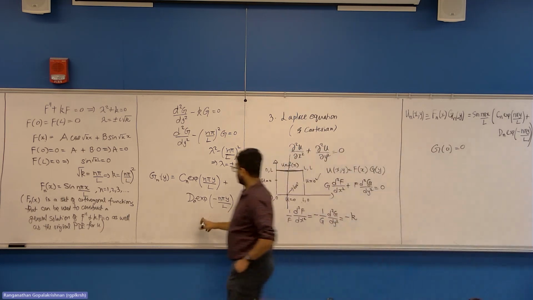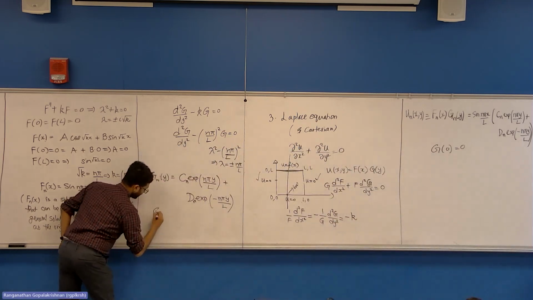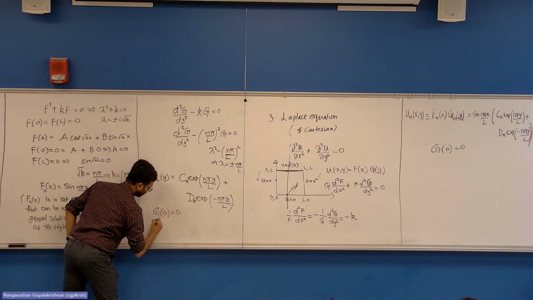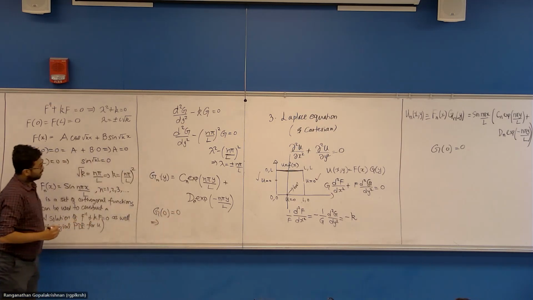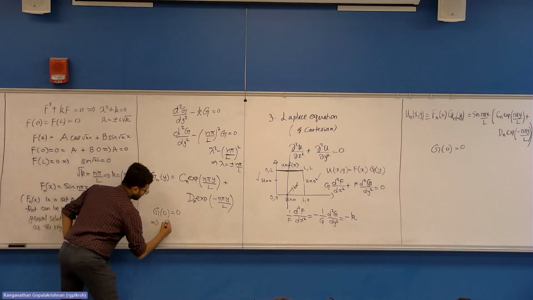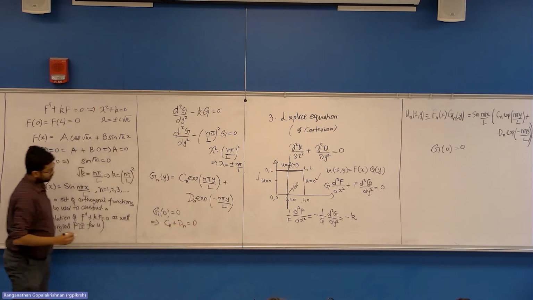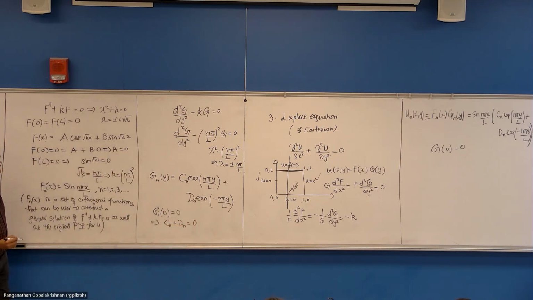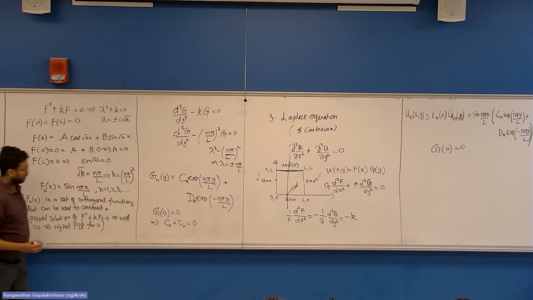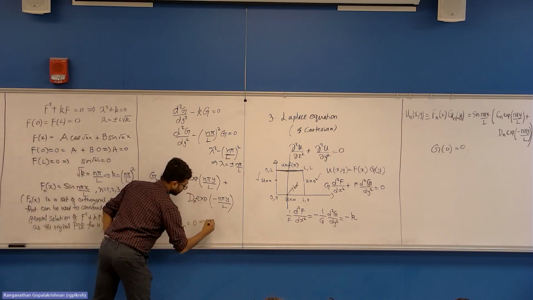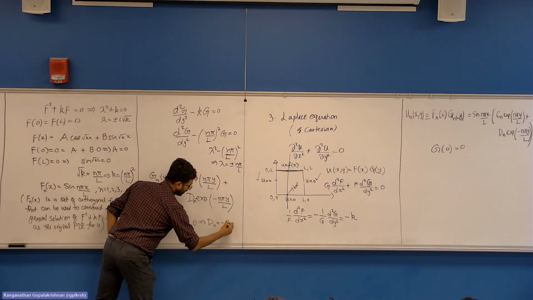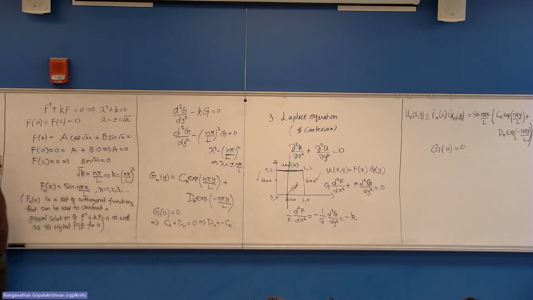Before we go from here, if we use the boundary condition G of 0 equal to 0, what do we get? Cn plus Dn equal to 0. Right? Or Dn is just the negative of Cn. It reduces the number of variables by 1.